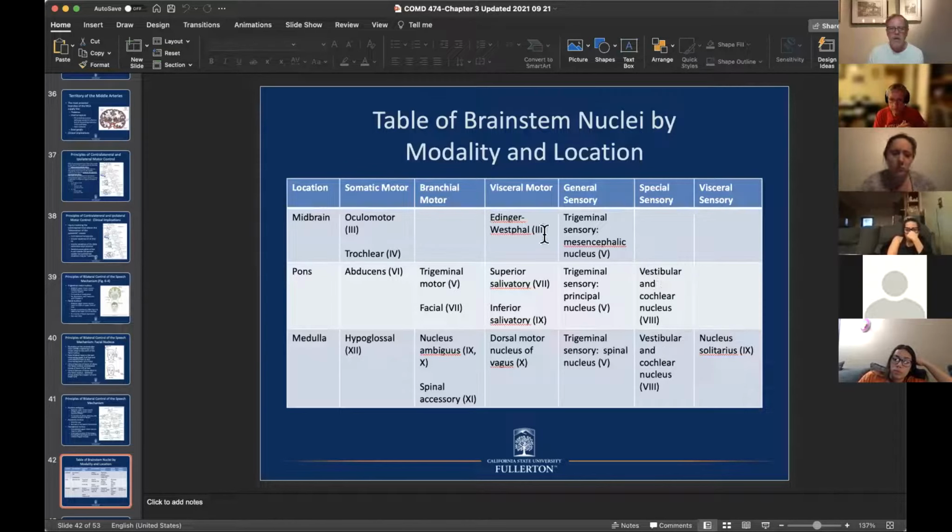I don't have anything about the Edinger-Westphal or the salivatory nuclei. I might have an abducens nucleus question, maybe. I can't remember. I know I don't have any of these.